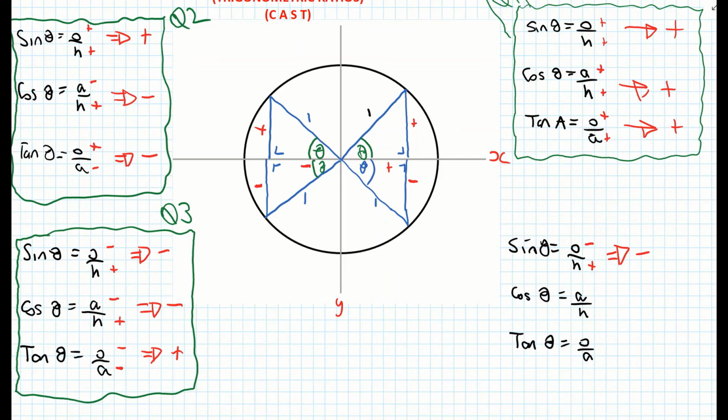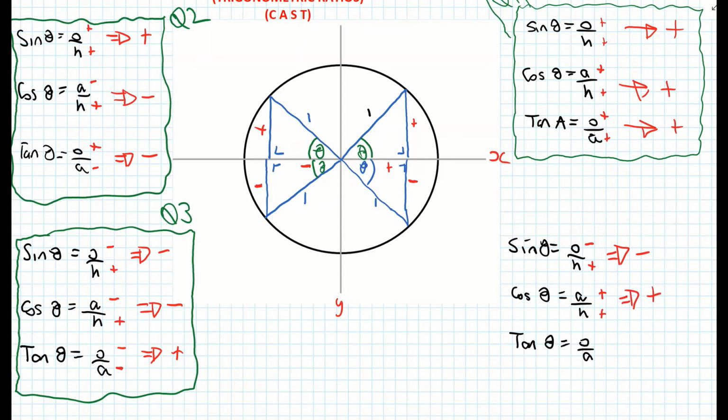My cos is adjacent, which is on the x-axis along here, which is positive, and I'm dividing it now by hypotenuse, which is 1, so that's giving me a positive divided by a positive, which is giving me a positive solution.